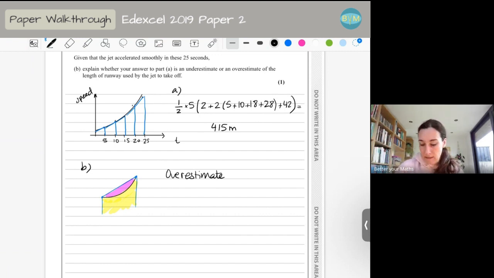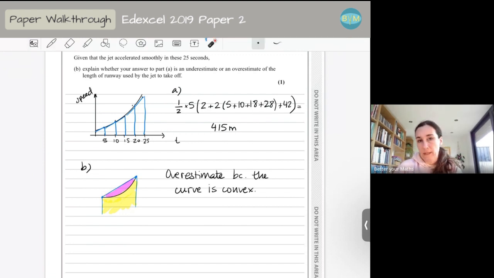Yeah, so that's the shape, because the curve is convex. I think if you do some kind of drawing, it will be super clear. But this is 1 mark. So they are asking just explain if it's an underestimate or an overestimate. As long as you see it, is more or less clear. Is the question clear?